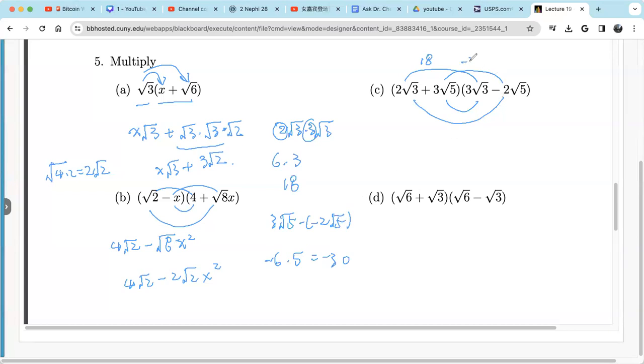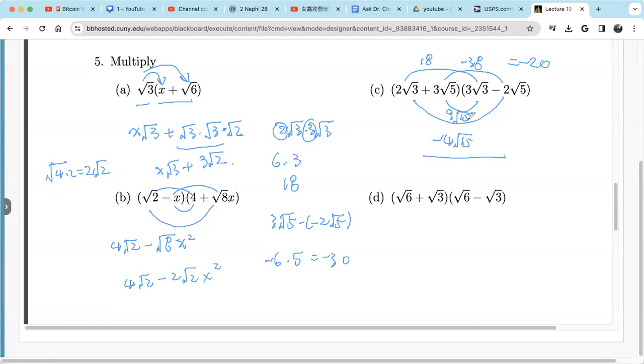So let's write here, negative 30. 18 minus 30, we get minus 12. Now multiply those two. Multiply 3 radical 5 with 3 radical 3. 3 times 3, that's 9. Radical 5 times radical 3, radical 15. Then multiply 2 radical 3 with negative 2 radical 3. So we get negative 4 radical 15.